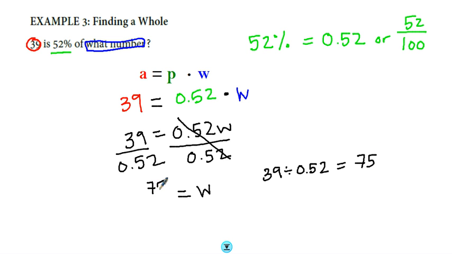So W is 75. And again, we're going to write our final answer as a sentence. We'll say that 39 is 52% of 75, and 75 is the number that we found. Good.